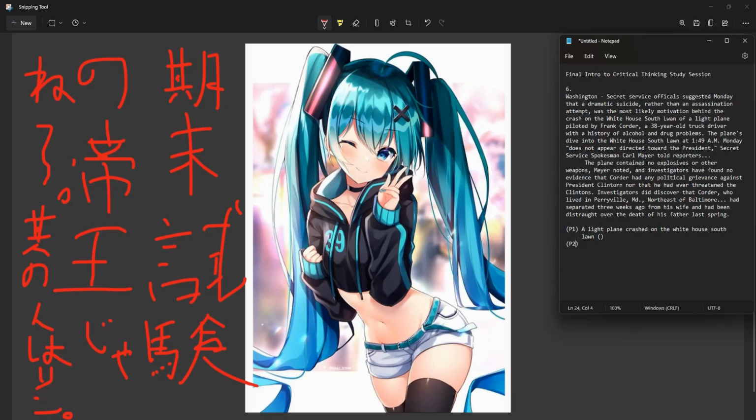P2 will be the pilot had a history of alcohol and drug problems. P3 will be the plane contained no explosives or other weapons. Maybe. Just maybe. We never know.